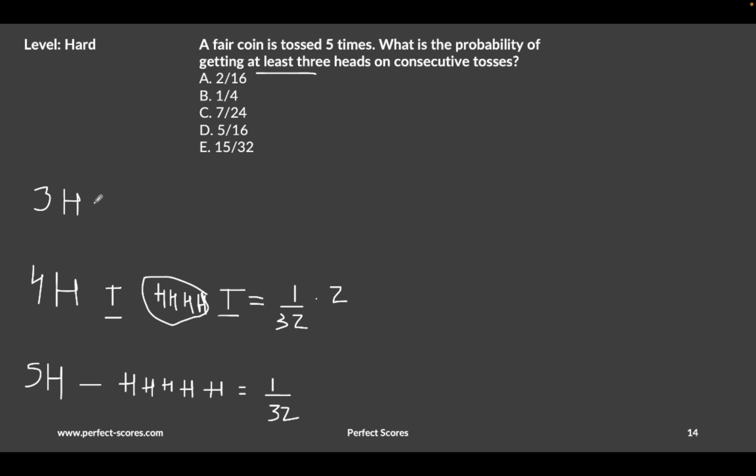Now let's talk about 3 heads. What are the different ways you can get 3 heads? You can just tie them with a string. Now let's see where you can put the remaining 2 tails. So you can put 2 tails on the left side, that's one way, or you can put 2 tails on the right hand side, that's another way.